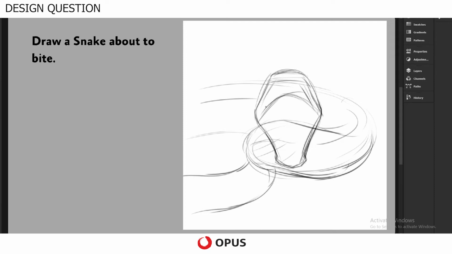we can slowly start developing the internal figures.